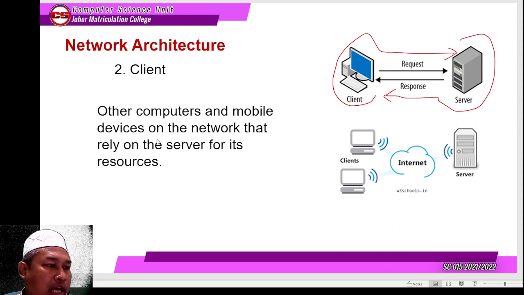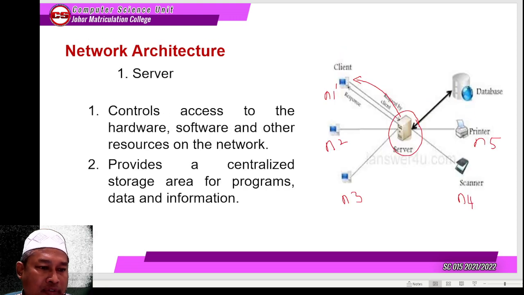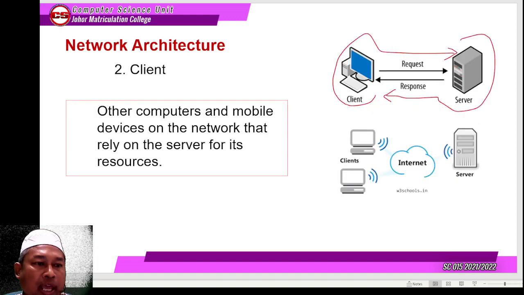So I hope you understand the function of the server and the function of the client. The function of the server is to control the entire network and provide a centralized storage area for program, data and information. And the client only requests data from a server.